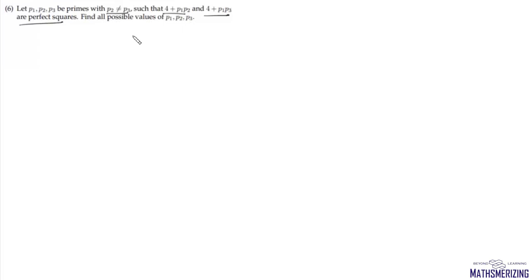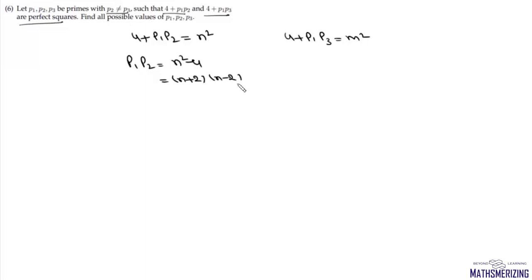We can write 4 plus P1 P2 as some n square, and we can write 4 plus P1 P3 as some m square. Then we can simply write P1 P2 as n square minus 4, which is n plus 2 into n minus 2, and we can write P1 P3 as m plus 2 into m minus 2.